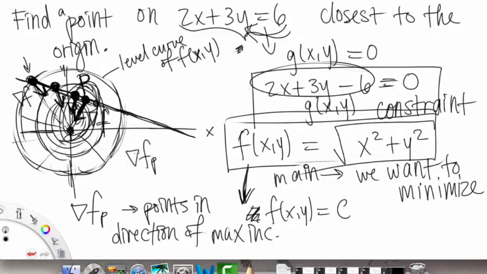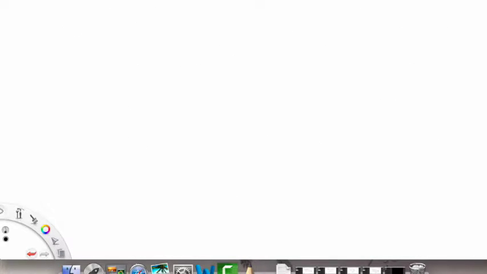But the gradient of f at the point p is parallel to the gradient of g, of our constraint curve, at that same point. So g is going to look something like this. It'll point the other direction, but it'll be on the same line, right? So on this line here is where both gradients live, okay? I'll expand upon this concept on the next slide.